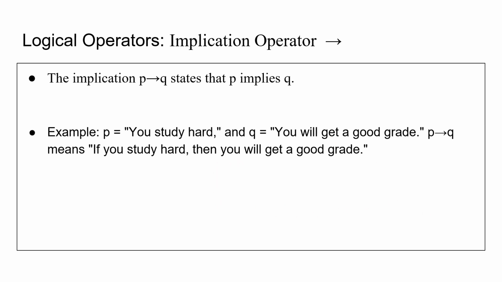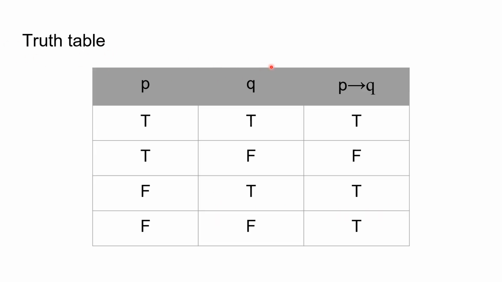Let's see its truth table. If P is true, P implies Q will be the same as Q. So if P is true and Q is true, P implies Q will be true. If P is true and Q is false, P implies Q will be false.